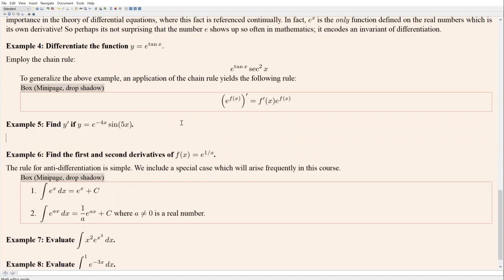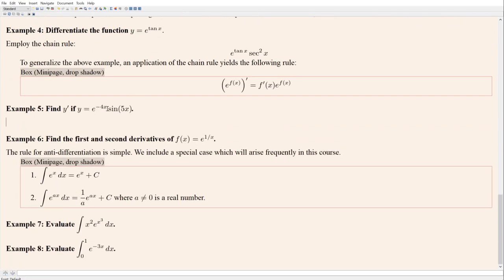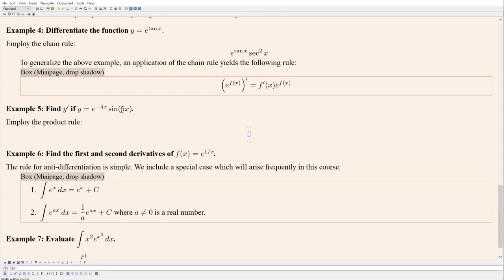What about this one? Find the derivative of e to the minus 4x sine 5x. So we have a product, so we have to use the product rule. So let's see. Leave sine alone, differentiate e to the minus 4x. Let me write it like this to keep track of what we're doing.